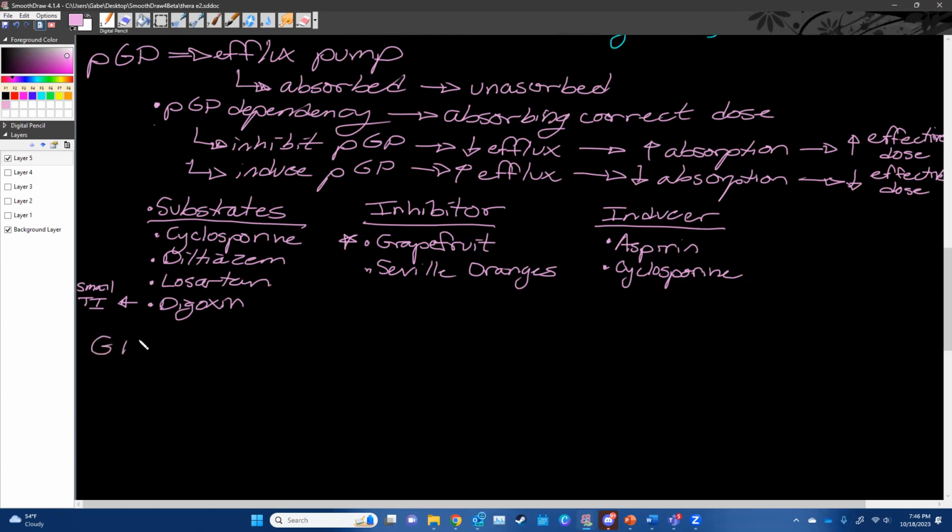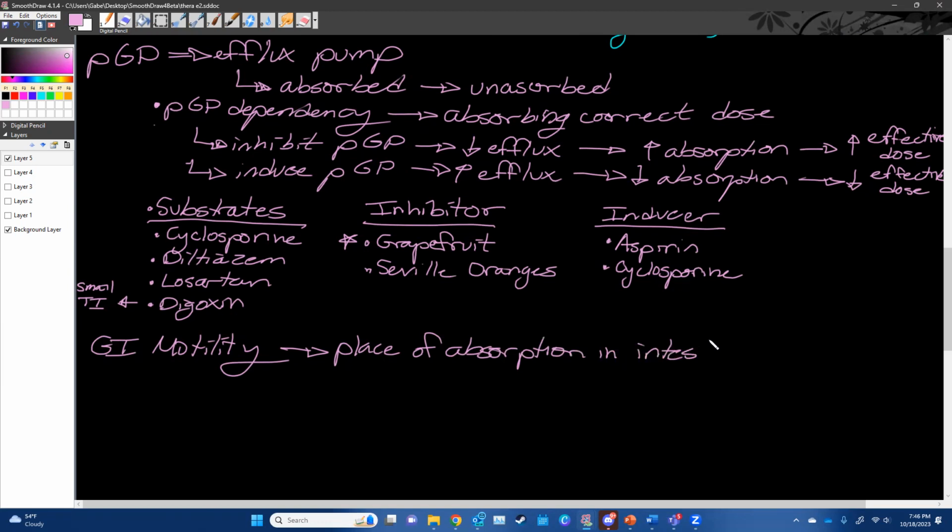Last up, we have GI motility. What we are talking about here is the place of absorption along the intestinal tract. Not all drugs are absorbed in the same place, right?